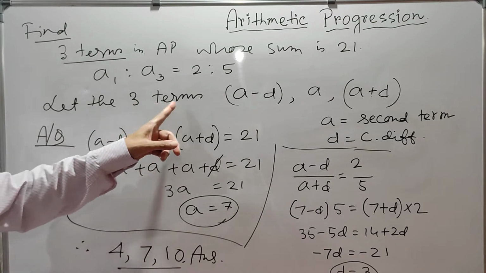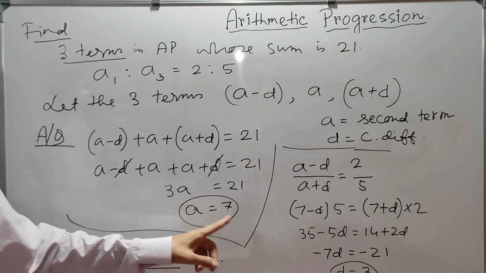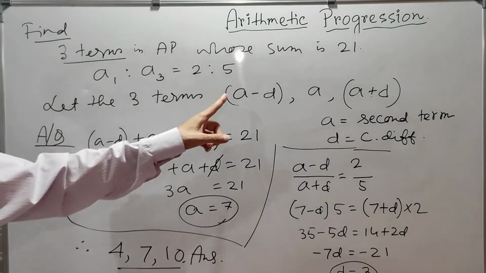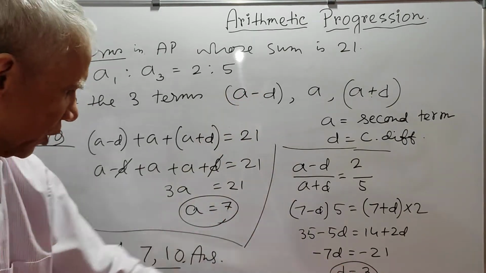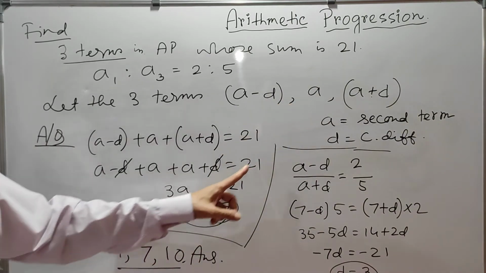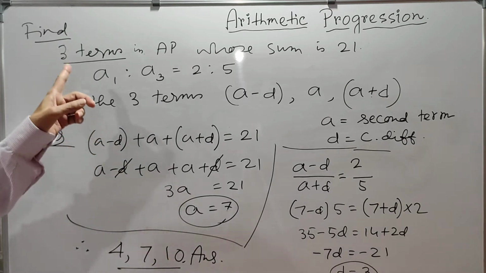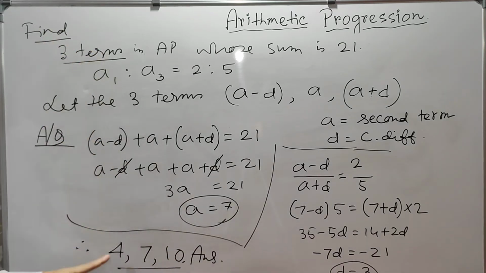We put the value of A and D: A is 7, D is 3. So the first term is 4, the second term is 7, and the third term is 10. We got the answer 4, 7, 10.